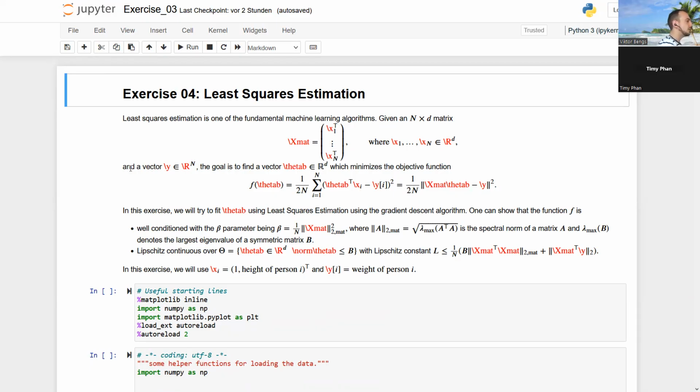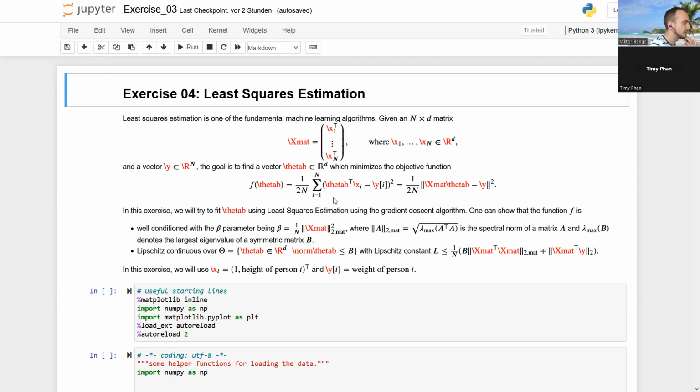And what we want to do now is to find some rule from which we can predict the weight of a person from the height. Perhaps it should be the other way around, but this is how I implemented it. You can also do the reverse case, that you measure the weight and want to predict the height of the person.